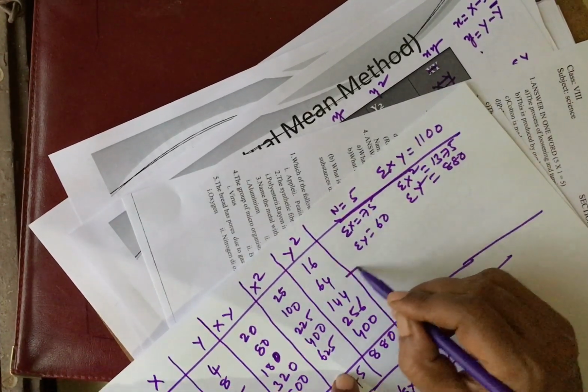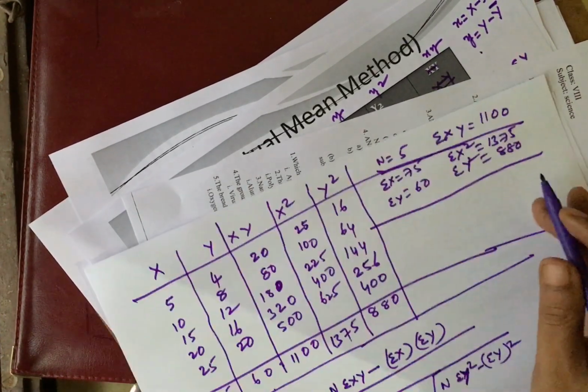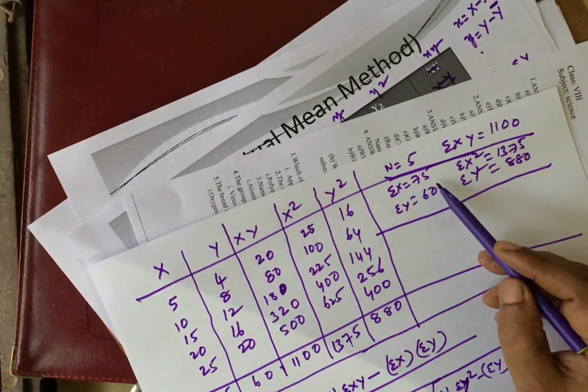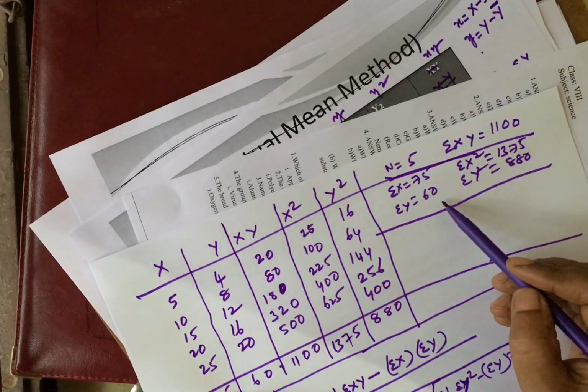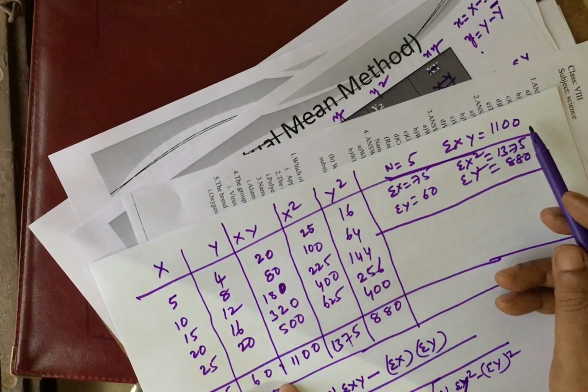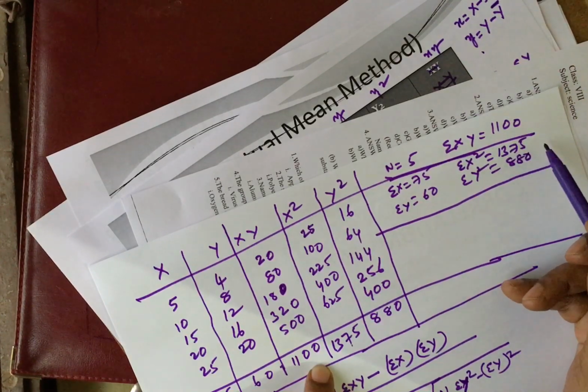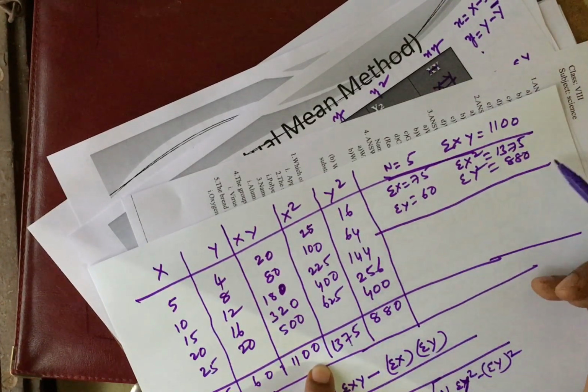So these values are given and calculated. N is 5, sigma x is 75, sigma y is 60, sigma xy is 1100, sigma x square is 1375, sigma y square is 880.